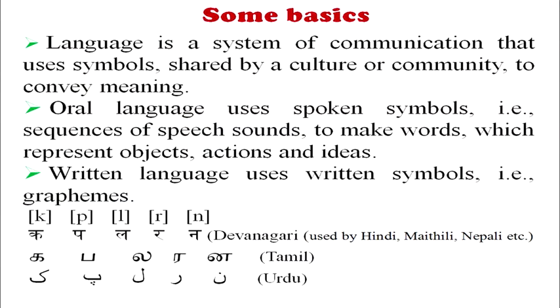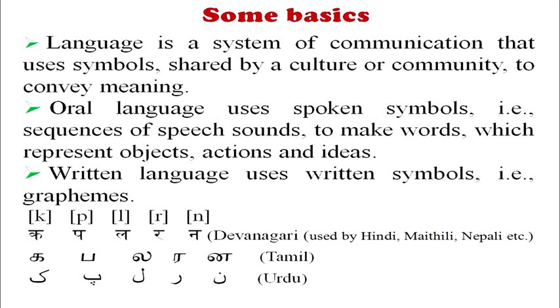Before we talk about the features of the human language, let's talk about the general basic things about language. It is a generally agreed thing that language is a system of communication that uses symbols shared by a culture or community to convey meaning. And we have two types of languages, oral language and written language.